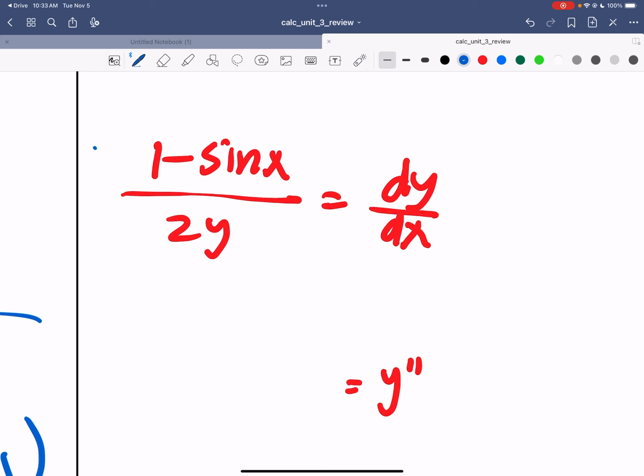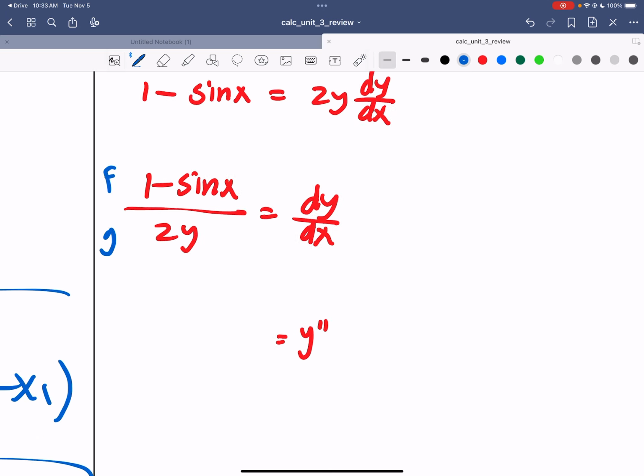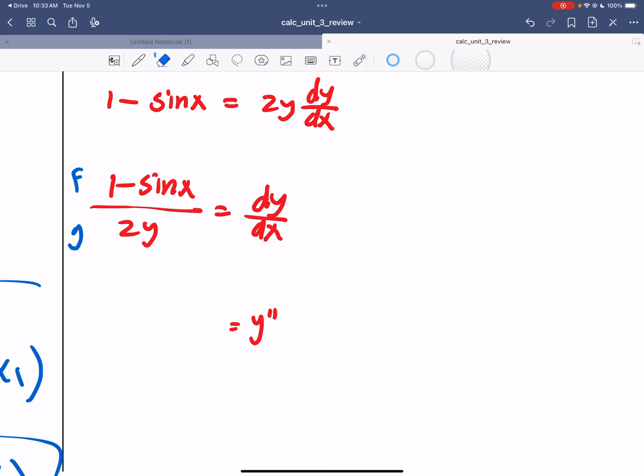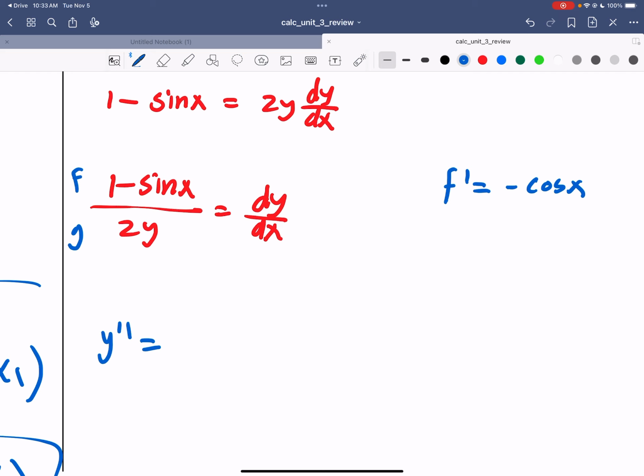You know, this is going to be our f, this is going to be g, so it's the quotient rule. Actually, let me put y double prime here. So f prime is going to be negative cosine of x, and g prime is going to be 2y prime, which is this one, okay? So let's do this.